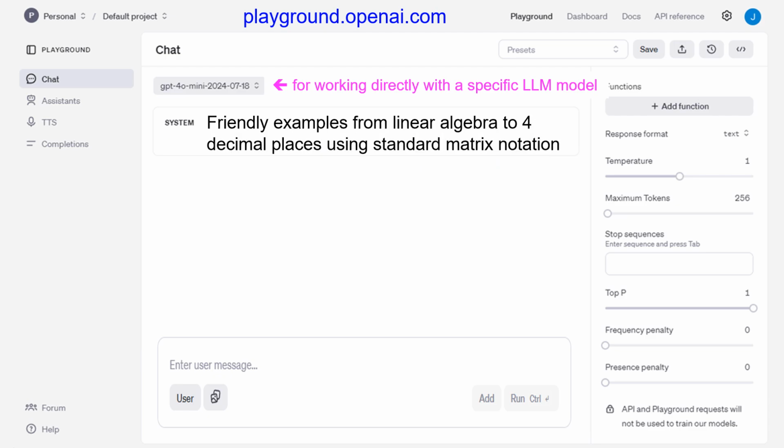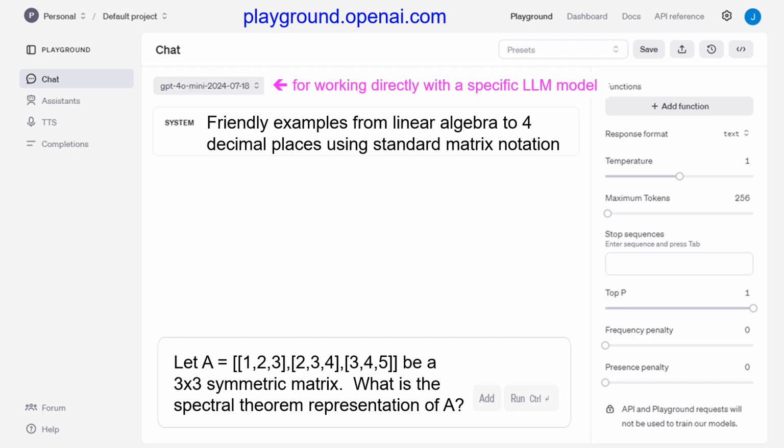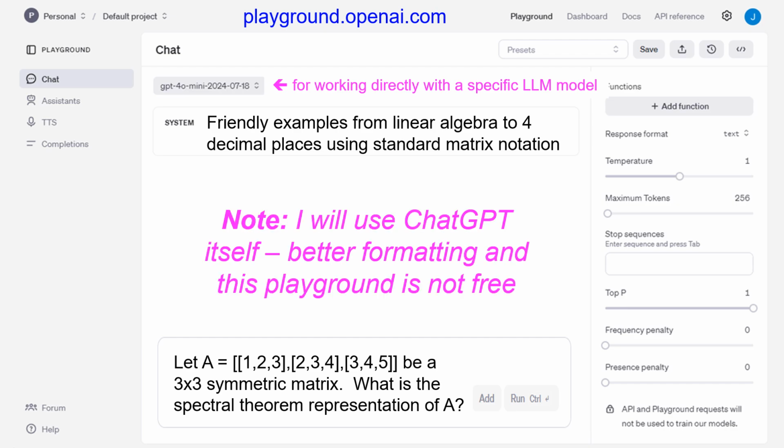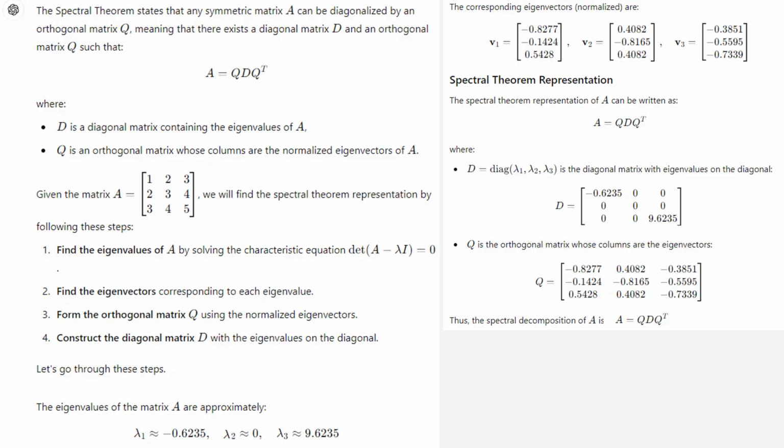Our context: we want friendly examples from linear algebra to 4 decimal places using standard matrix notation. And then we can ask our question. Here is my prompt. I want to get the spectral theorem for this set of numbers interpreted as a 3x3 symmetric matrix. Now I'm actually going to use ChatGPT, better formatting, and also this playground isn't free.